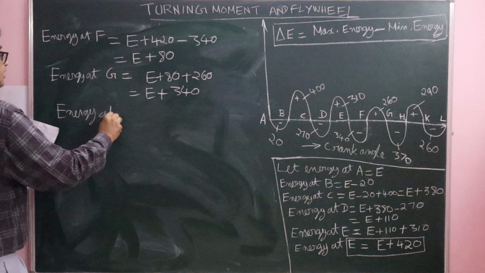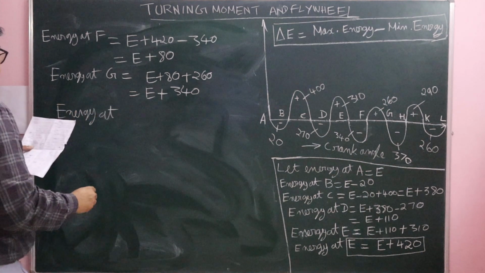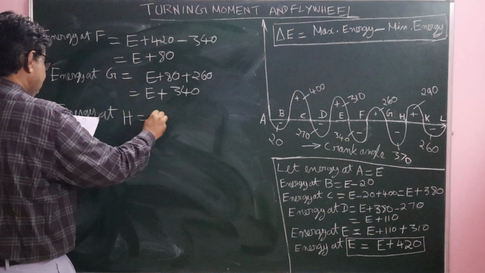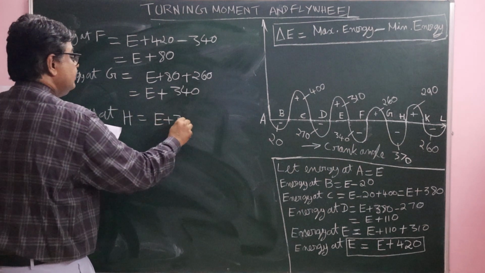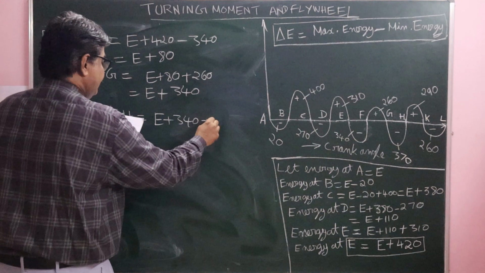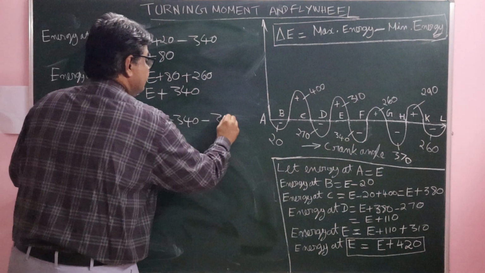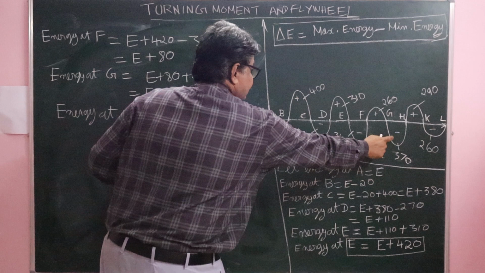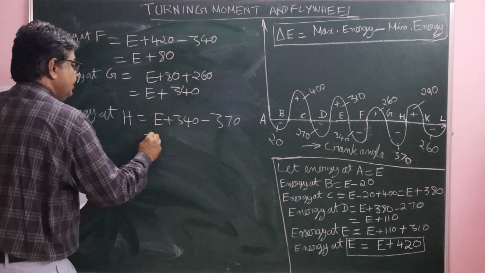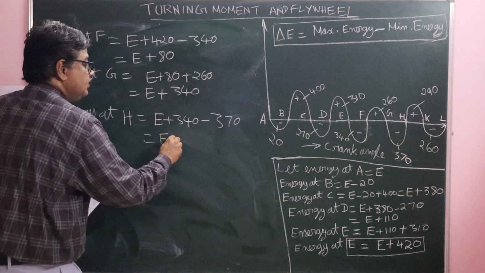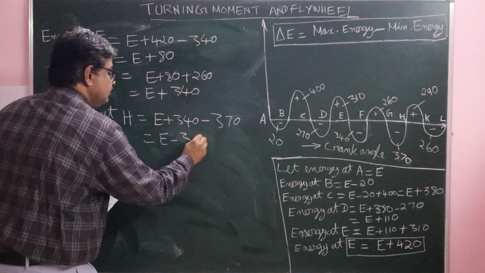Energy at H is equal to E plus 340 minus 370, therefore it is E minus 30.